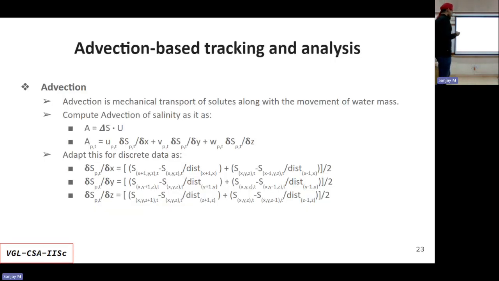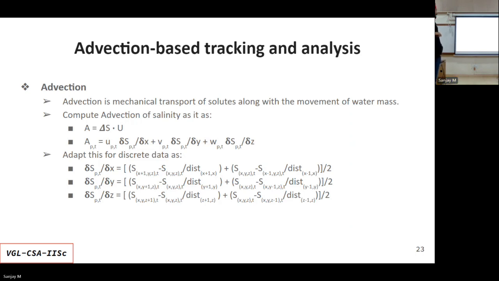The advection is defined as transport of materials or solutes due to the movement in a fluid, here a water mass, right? And it's calculated as a dot product between the gradient of the scalar field you want to study and the velocity vector.